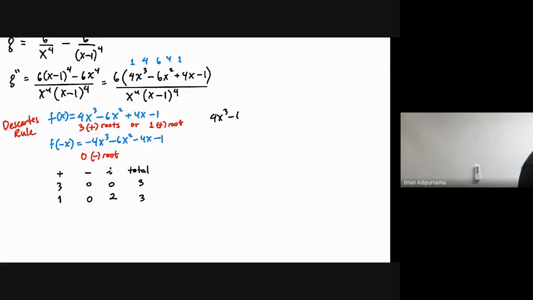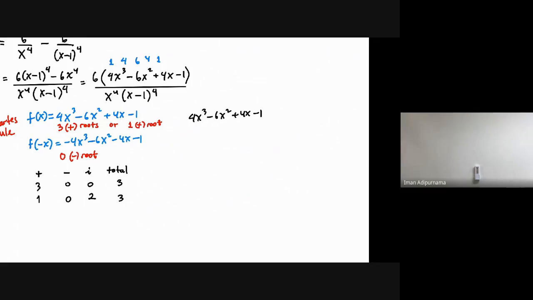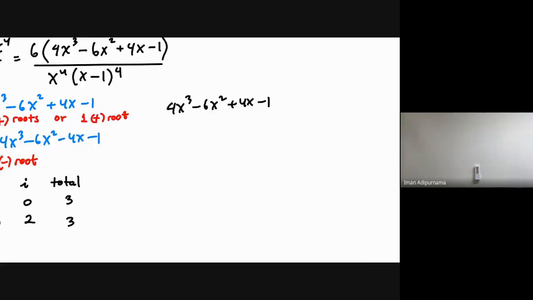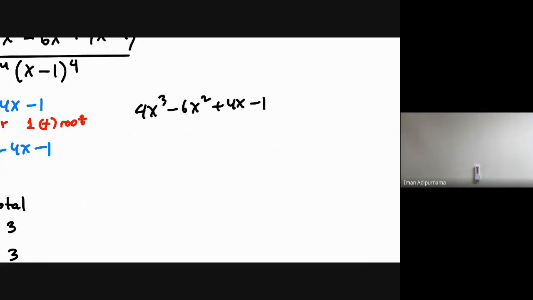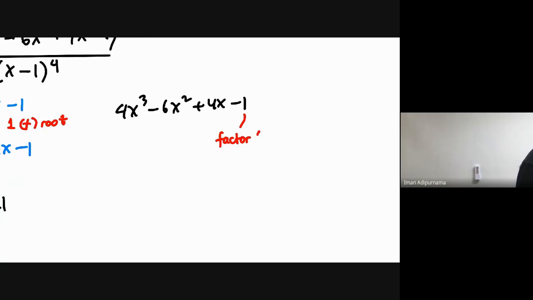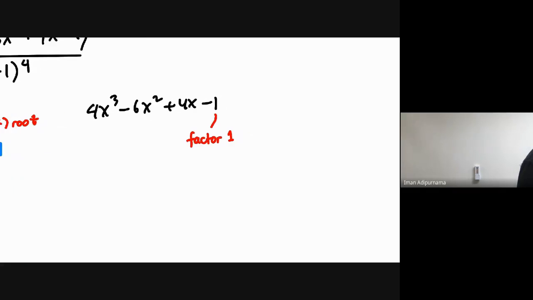And let me write one more, the 4x cubed. From this polynomial, the idea for the roots can also be seen from the last term and the first term. So the factors of 1 and the factors of 4. Factor of 1 is only positive, negative 1, right?